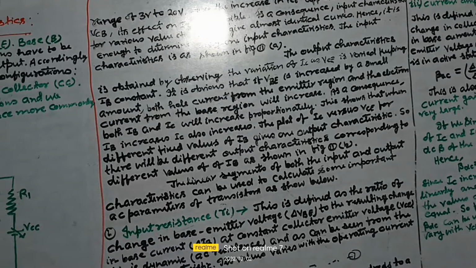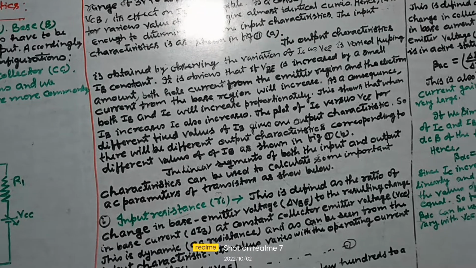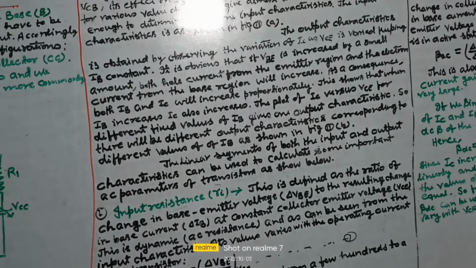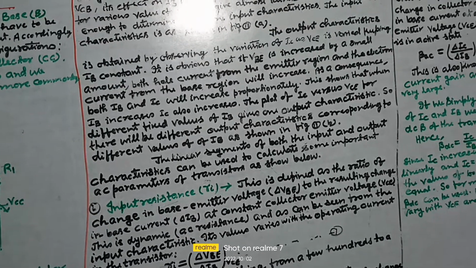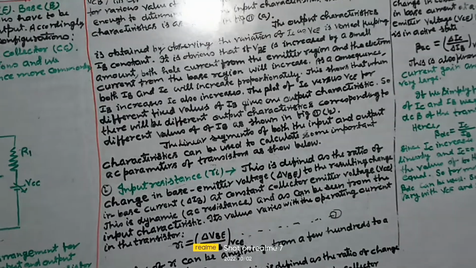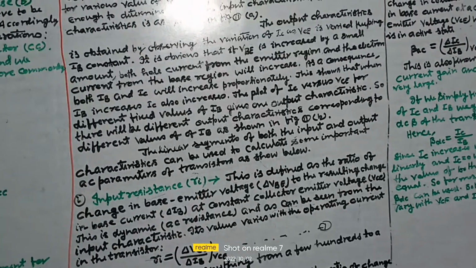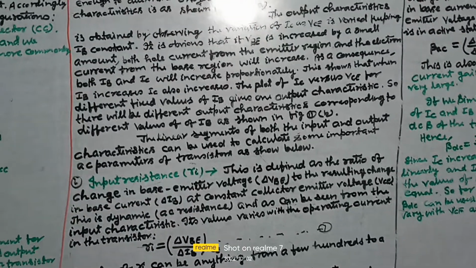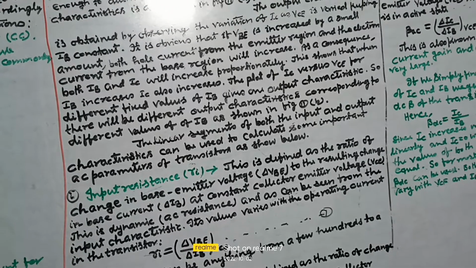As a consequence, both IB and IC will increase proportionately. This shows that when IB increases, IC also increases. The plot of IC versus VCE for different fixed values of IB gives one output characteristic. So there will be different output characteristics corresponding to different values of IB, as shown in figure 2B.